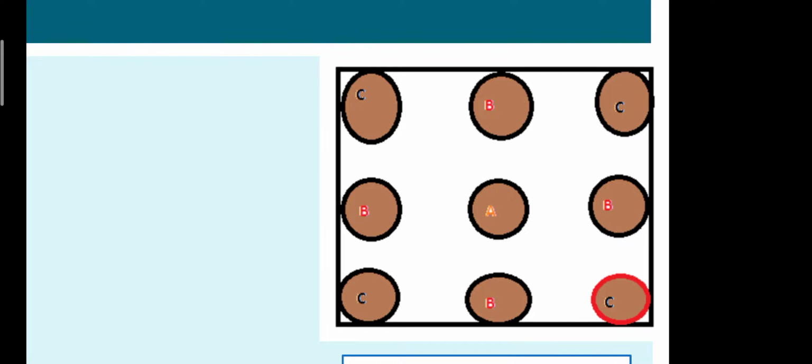We name the 4 corner piles as C. The center pile of the pile group we mark as A. And the remaining 4 piles in between the corner piles, we mark as B.